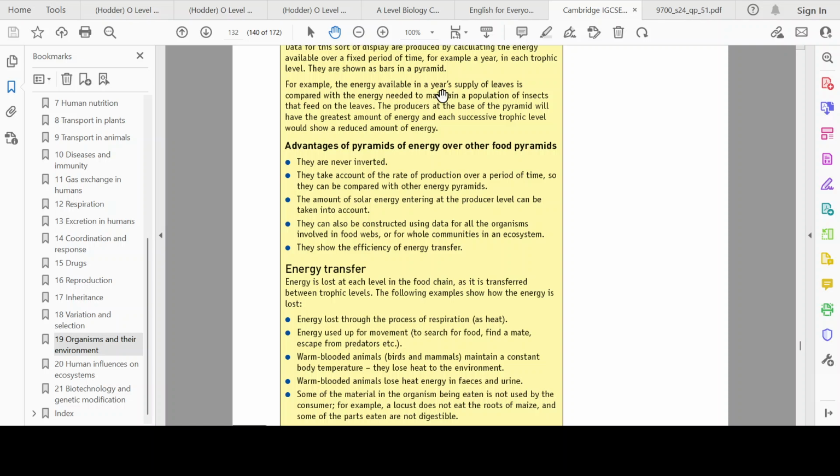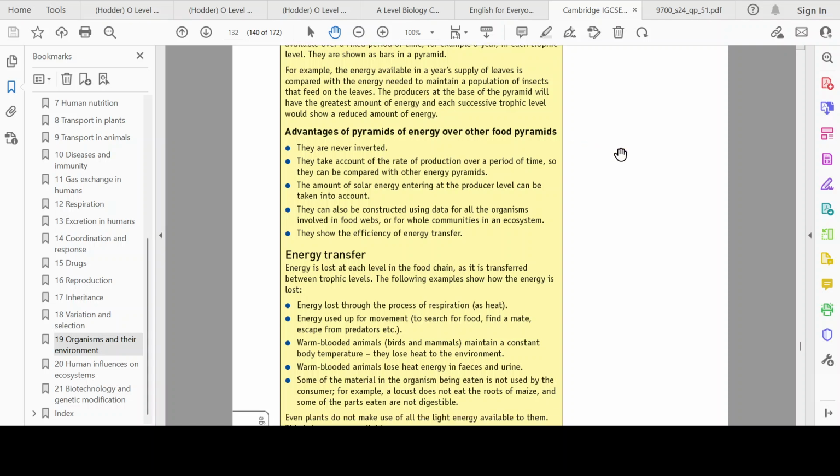So the energy available in a year's supply of leaves is compared with the energy needed to maintain a population of insects that feed on the leaves. The producers at the base of the pyramid will have the greatest amount of energy, and each successive trophic level would show a reduced amount of energy, so you're going to get a regular pyramid shape.